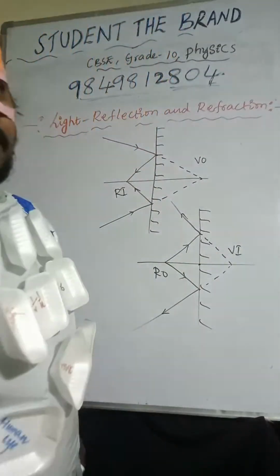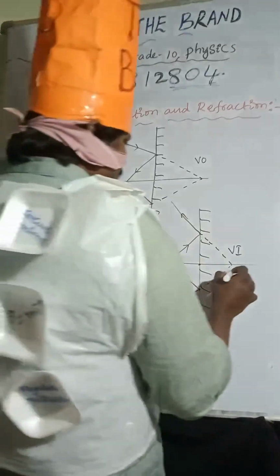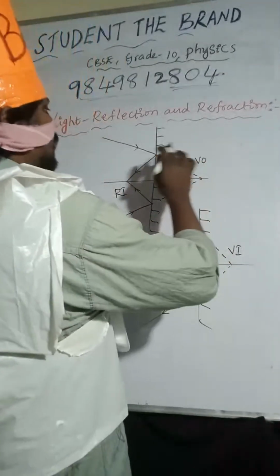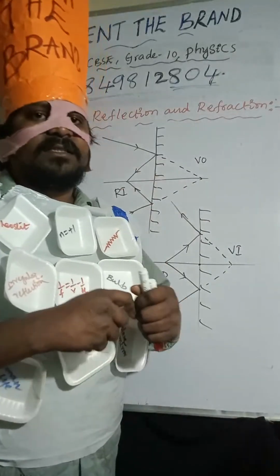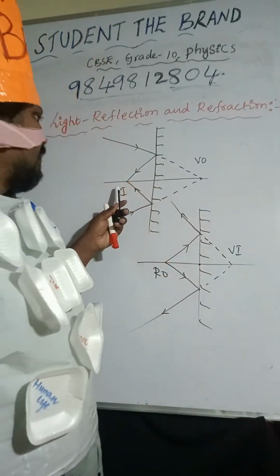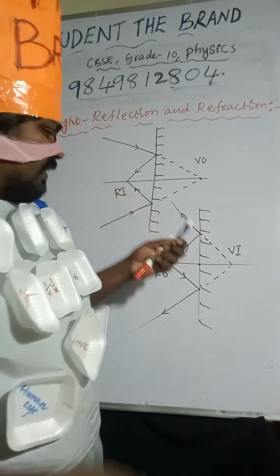Real object and virtual image. The real object and the image is virtual. So the point of intersection of reflected light rays is called a real image. The point of intersection of reflected light rays. So these are the reflected light rays.